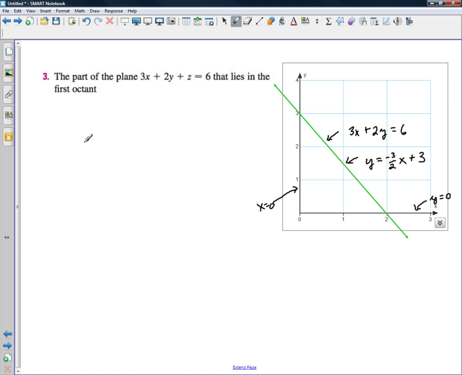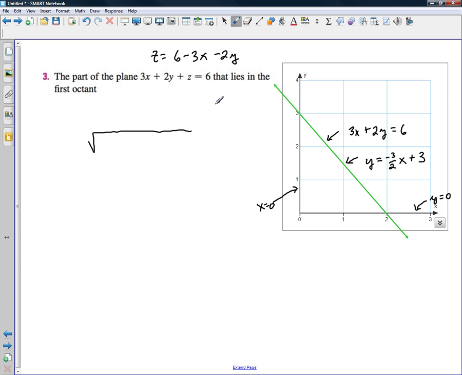Remember what that looks like. We've got that radicand, or integrand, excuse me, that has that big radical sign. And under the radical sign, we have to think about this as z equals 6 minus 3x minus 2y.